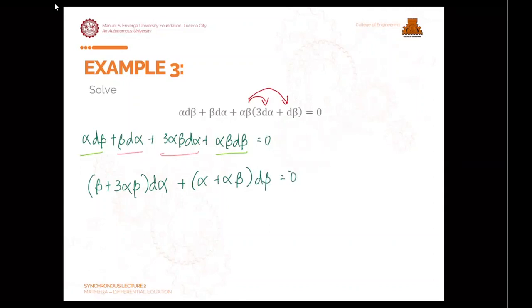Okay? And then, next, pwede natin factor out yung beta dito, at yung alpha dito. Okay? So, magiging beta times 1 plus 3 alpha d alpha plus alpha times 1 plus beta d beta is equal to 0. Okay?